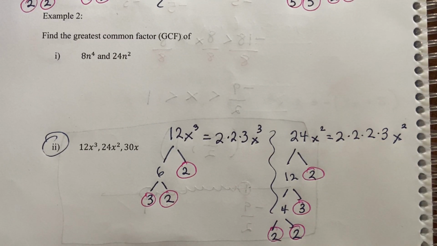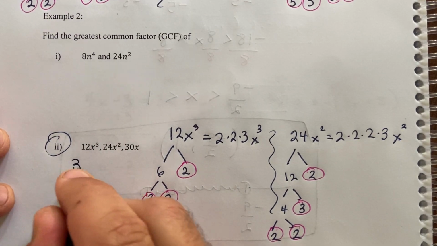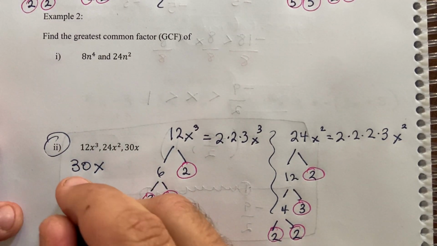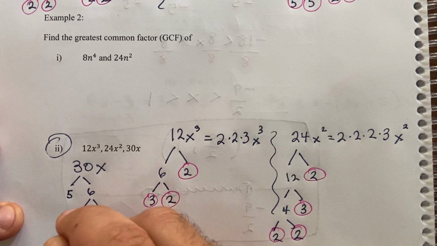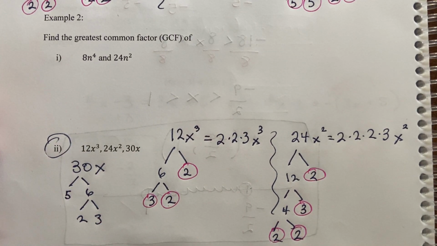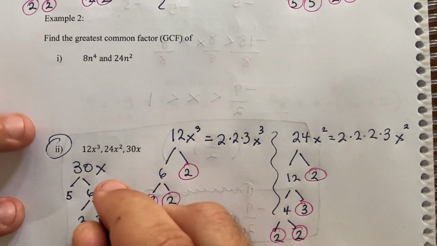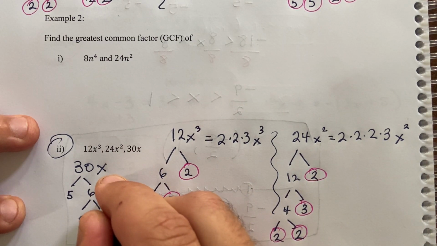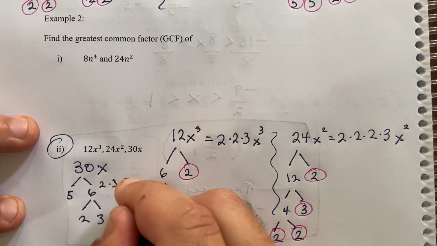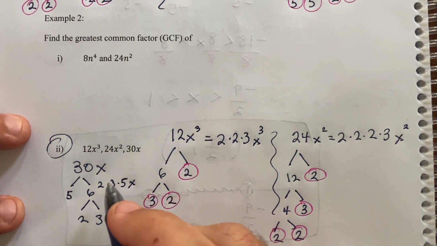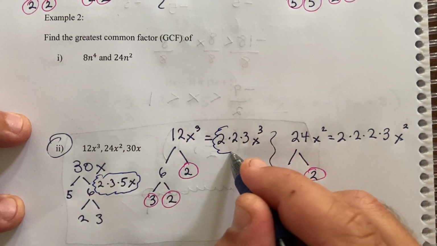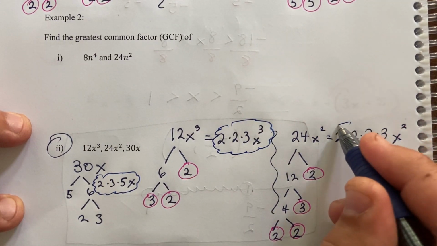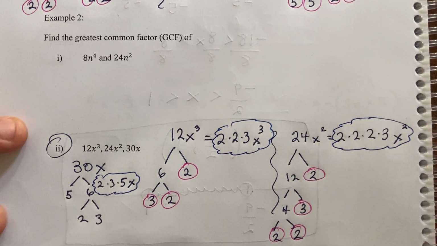I'll do the other one over here. I kind of ran out of room. So 30x, factor 30, we have 5 and a 6, and then a 2 and a 3. So this would be the same as 2 times 3 times 5x. So now I'm looking at these objects here. This one, and this one.